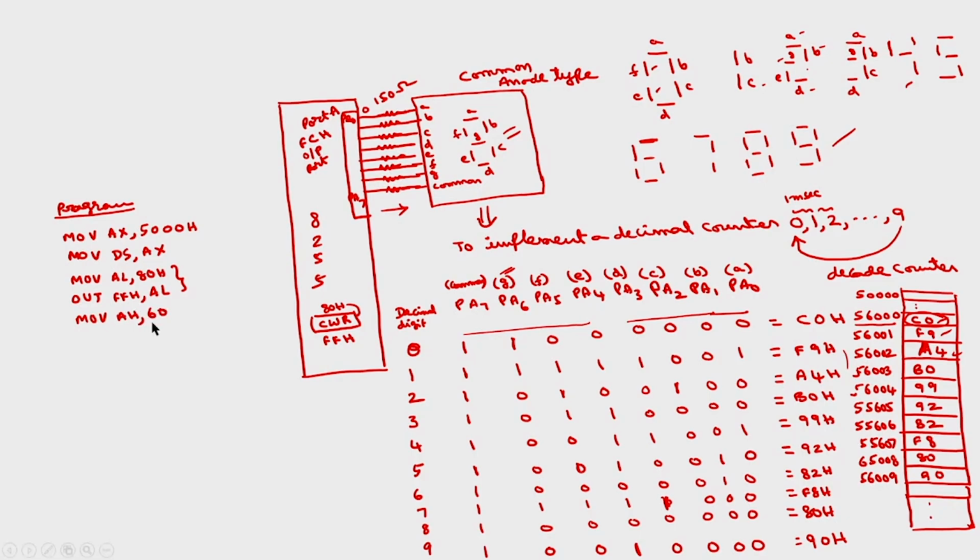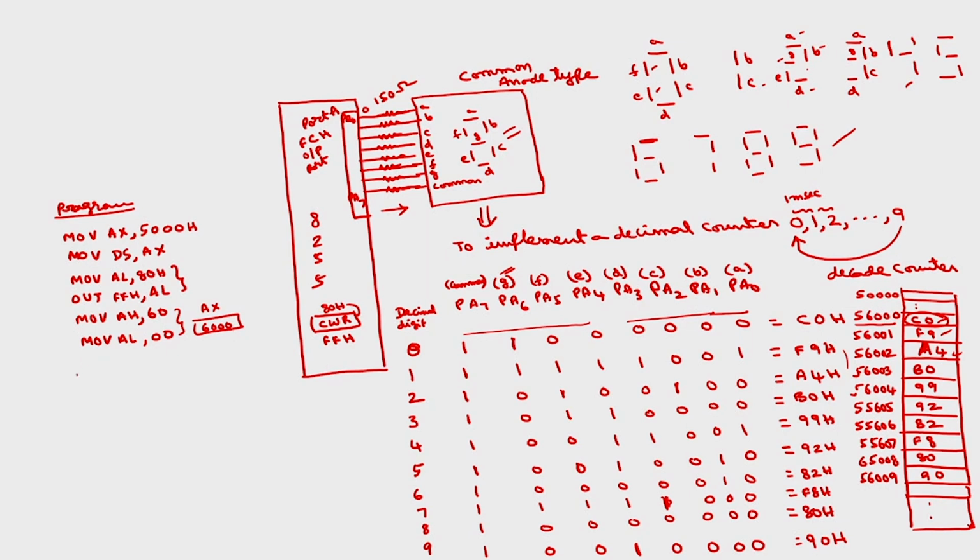So, 60 I am taking in AH, move AL comma 00, so that AX points to 6000. So, in the location with 6000 offset we have the code C0, which is the code corresponding to 0.